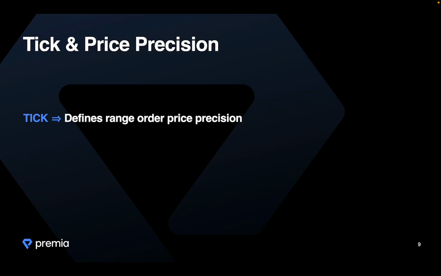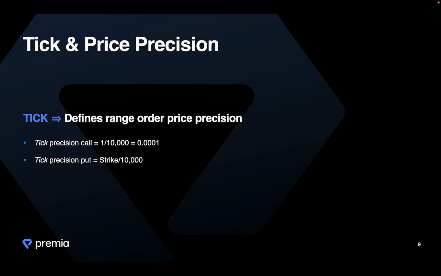So we haven't really gone too much into range orders, but we're going to start working into that right now. The first thing to think of is the word tick or tick precision. Ticks more specifically define range order price precision. And so what we mean by that is I have an upper and a lower bound on my range order in terms of prices that I'm willing to put my range order in.